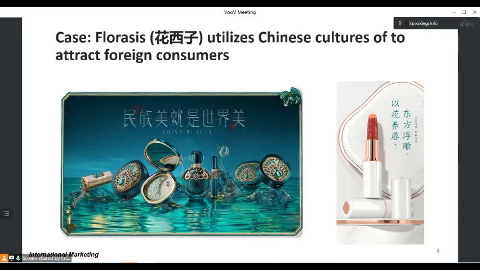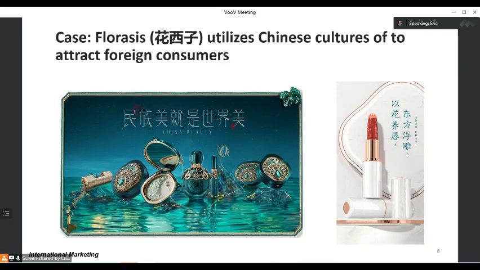Maybe you do not like this, but this type of product is very popular in overseas markets. Florasis exports its products to Japan, to Korea, and to Amazon, and it is so attractive.